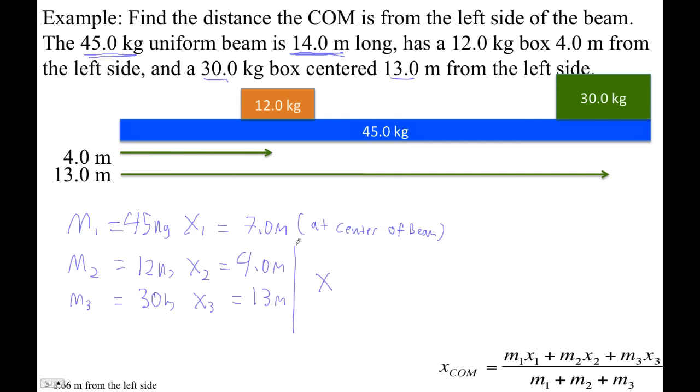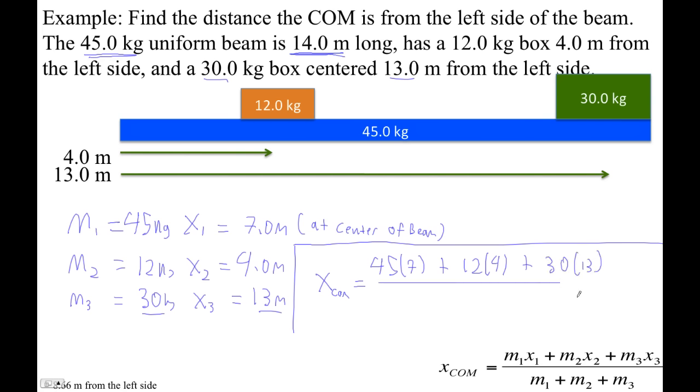So x_COM is equal to 45 times 7 plus 12 times 4 plus 30 times 13, all divided by 45 plus 12 plus 30.